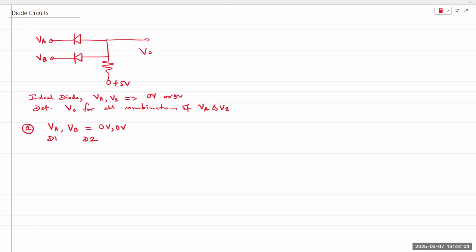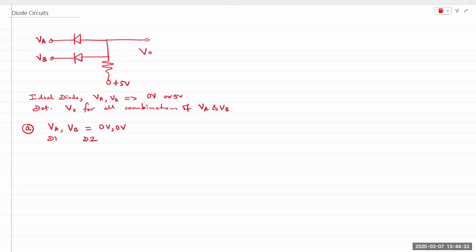Now, if the cathode is less than 5 volts, the anode is 5 volts and the cathode is slightly less than 5 volts, so the diode is on.